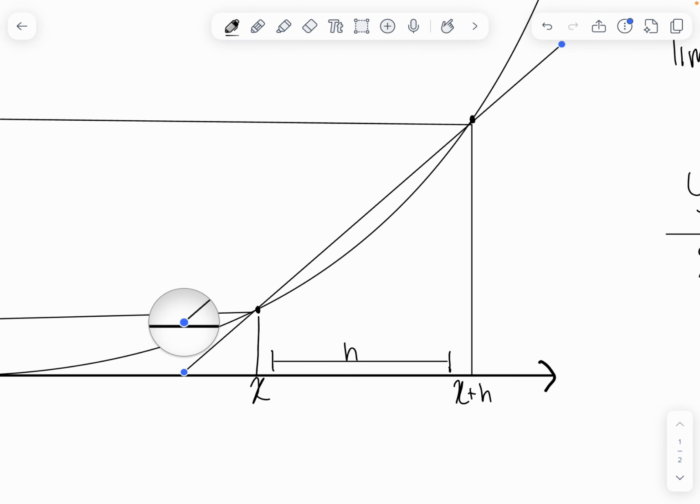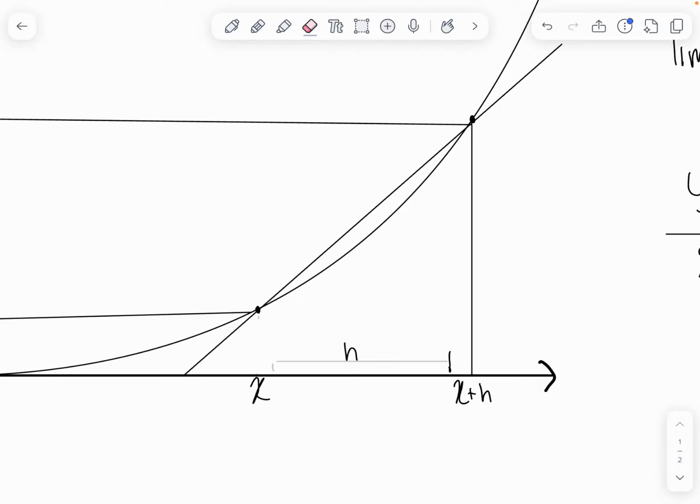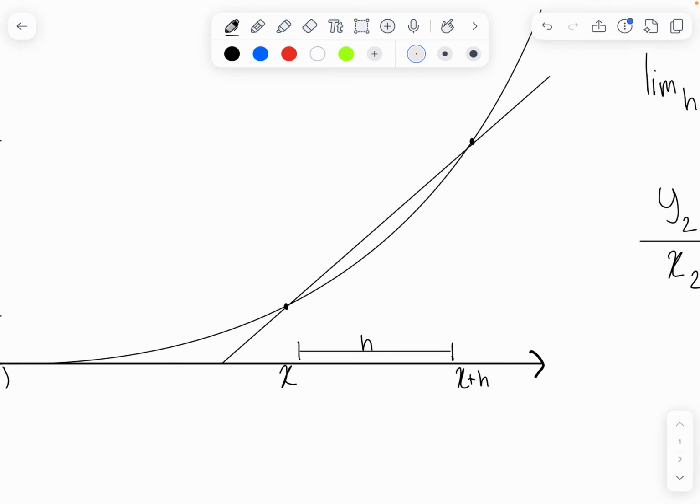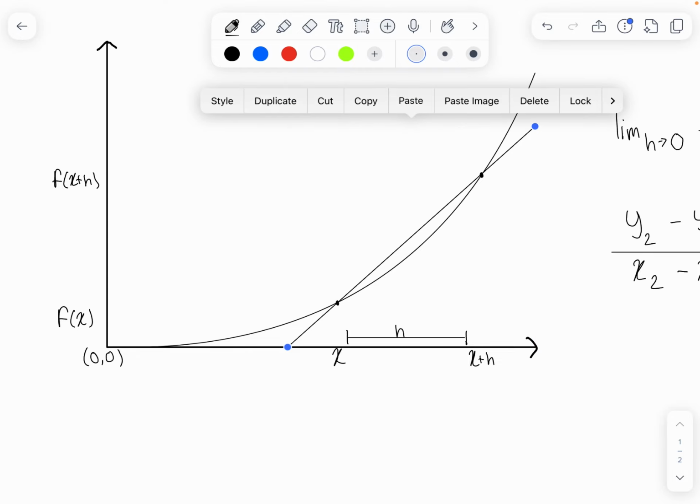Right, we have a straight line through those points. I'm going to erase all of these because it's getting very messy. Okay, that's the line going through both of the points, right?